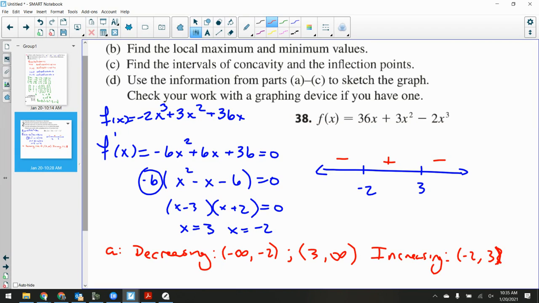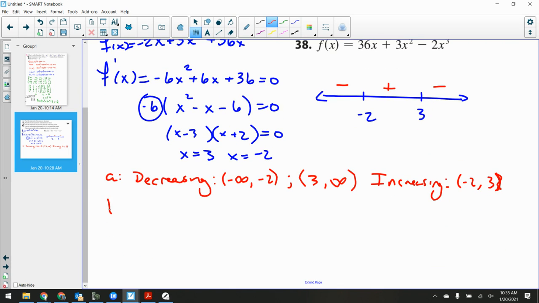So at -2, is there a bottoming out point? Yes. So it's a minimum value. So we could say minimum at -2, and we'll write the whole coordinate. And then I also know that at 3, it's increasing, increasing, and then it starts to decrease at 3, which means that's a local maximum.